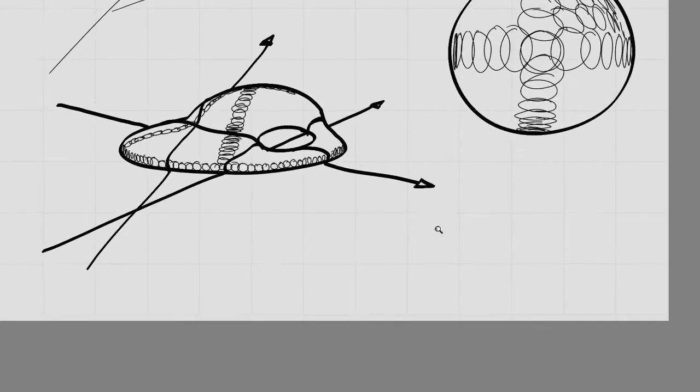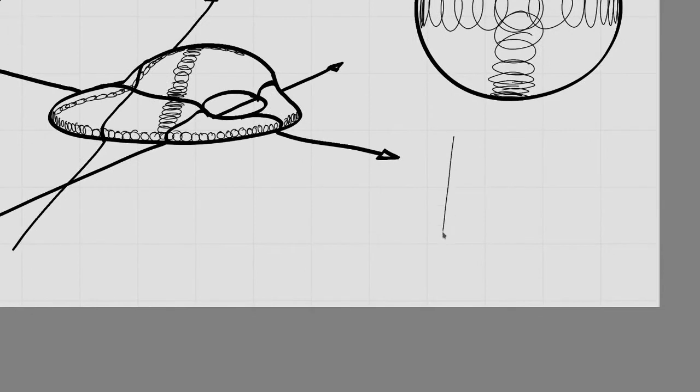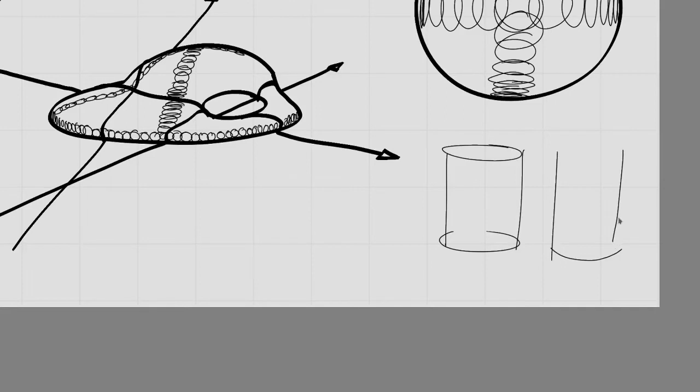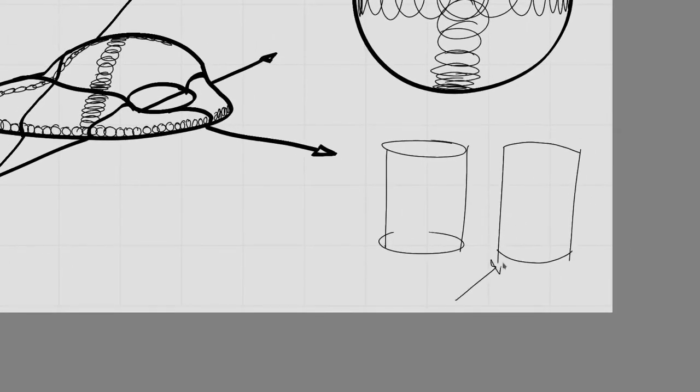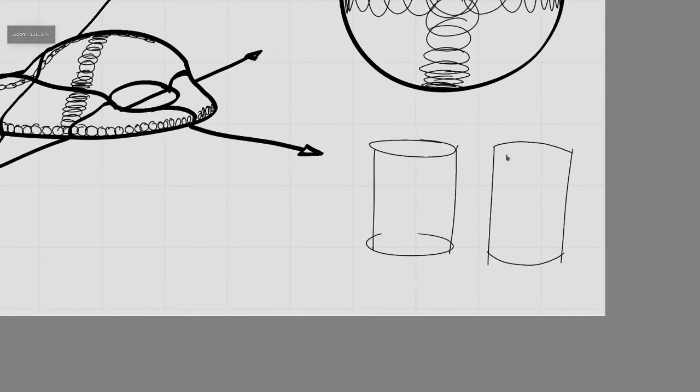You know, when people draw cylinders, that's another example. They sometimes do this thing where they do this, right? And it works as a silhouette. It looks kind of right. But if you just fill that in, you get this fish shape.